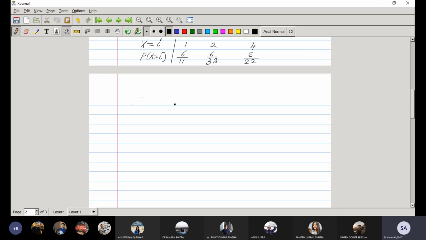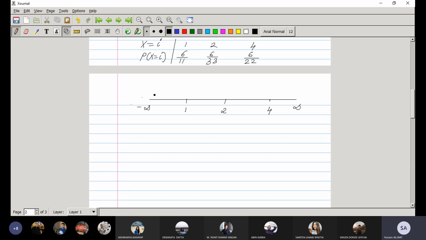Again the same thing. Let me draw the real line. This is minus infinity to infinity, and the divisions are 1, 2 and 4.